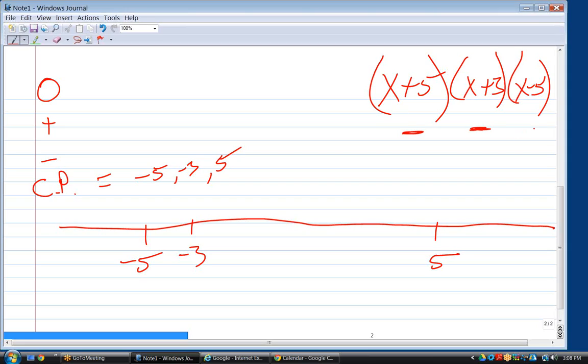We don't even need the number, we just need the sign. That's why it's a sign chart. Oh, it's negative? Uh-huh. That's all we need to do is test one point. If I test minus 7, it's the same thing, it's negative. Okay.